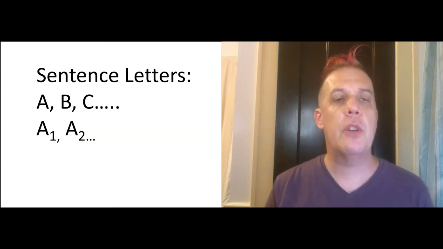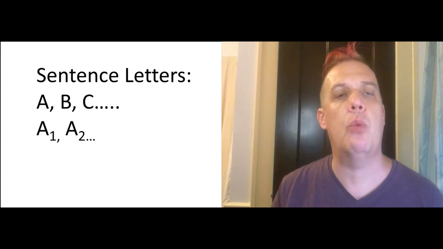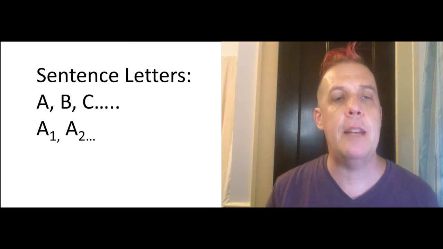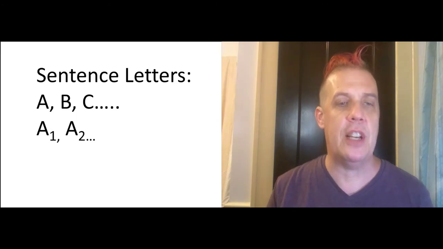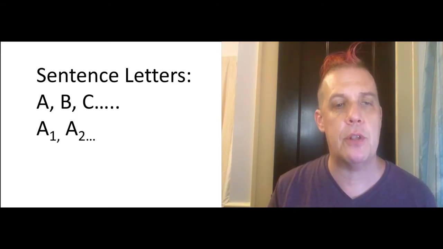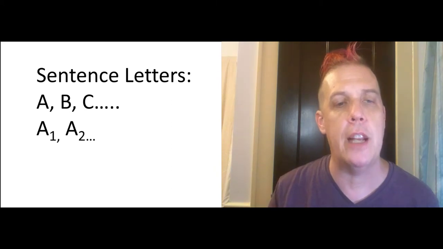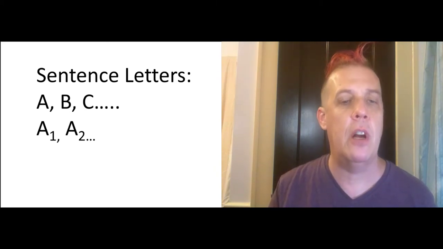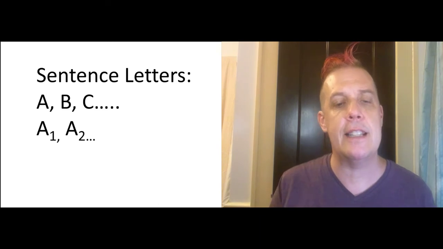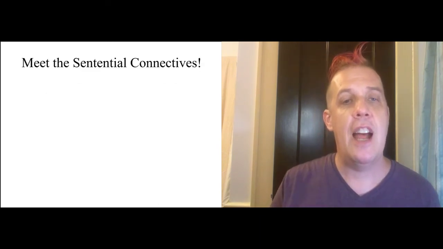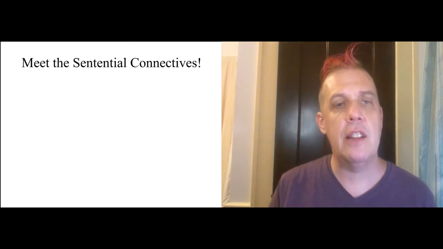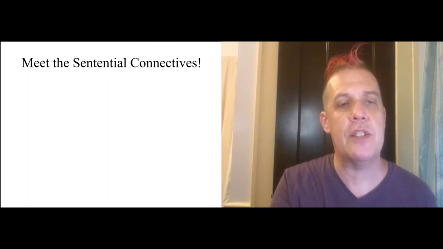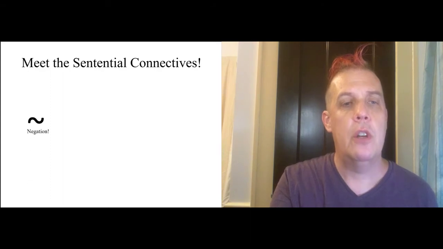Right? So this is how our formal language is going to work. We have sentence letters, A, B, and C. Also, to ensure that we have an infinity of possible sentence letters, we're going to allow subscripts. So we can talk about A1, A2, A3, etc. This gives us as many sentences as we need. And then we're going to have connectives that link up those letters A, B, and C. And so we'll have a little squiggly line that's a negation.